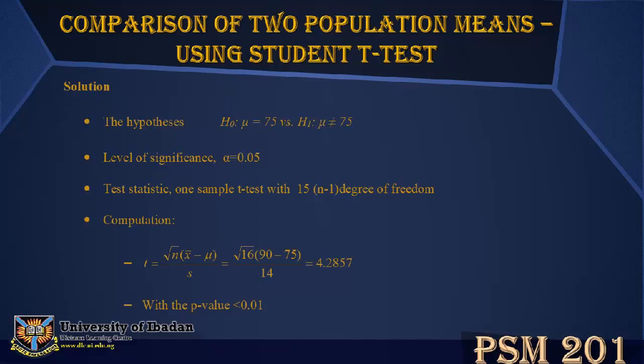Computation: t is equal to square root of n times (x-bar minus mu) over s, which is equal to square root of 16 times (90 minus 75) over 14, which is equal to 4.2857 with the p-value less than 0.01.